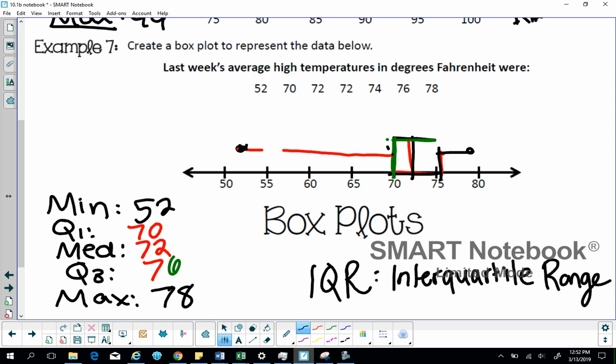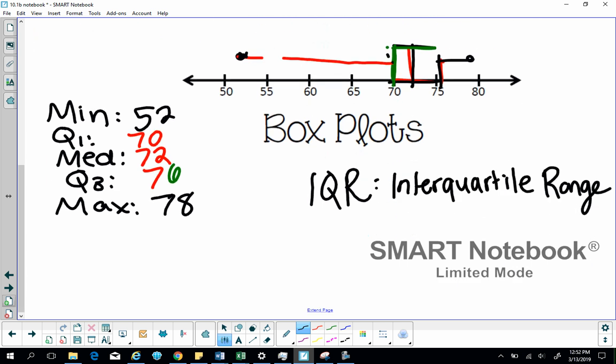It gives you this equation: IQR equals Q3 minus Q1. And it even says the difference between the first quartile and third quartile. So interquartile range just means Q3 minus Q1.